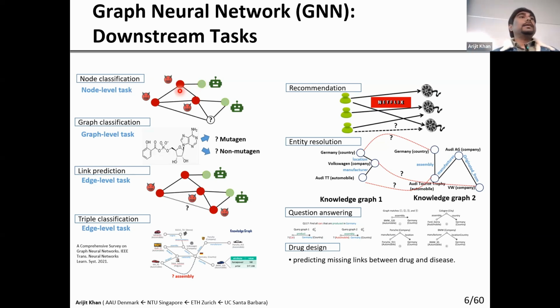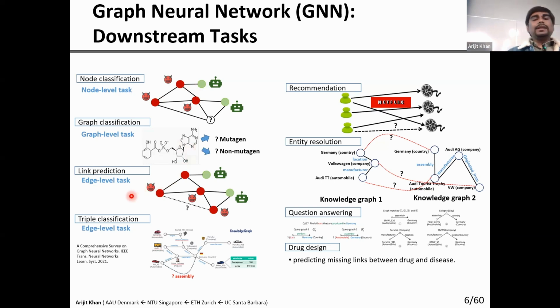That's basically a node classification problem. Or in the context of graph classification, given a chemical compound, we can classify it into multiple classes. For example, whether this chemical compound or medicine can cause cancer as a side effect or not. That's where we are classifying the entire chemical compound, and we get a graph classification problem.